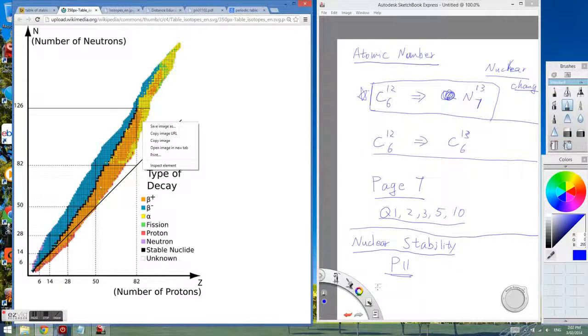The general rule is that the line stops here at atomic number 82. In some books it's 83.